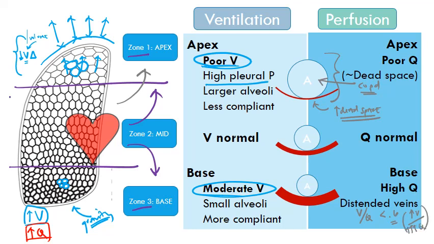So that ratio is under 1. In Zone 2, this is where ventilation and perfusion are well balanced, and this ratio nears 1. At the apex, ventilation is poor, but perfusion is actually worse. So the ratio here is typically greater than 3.